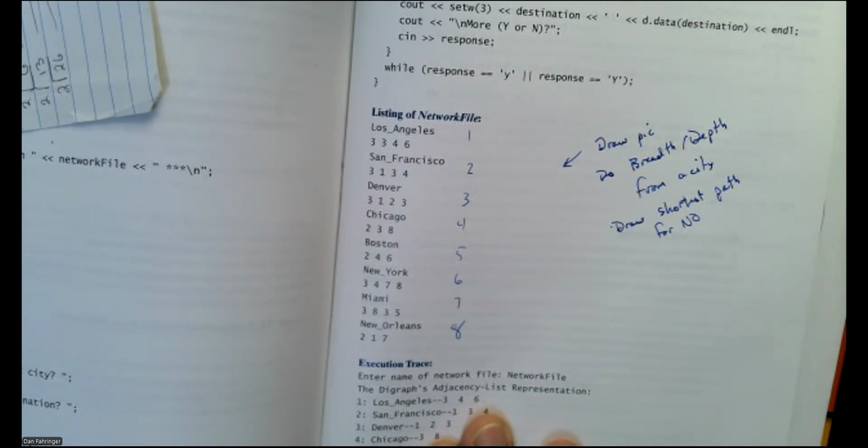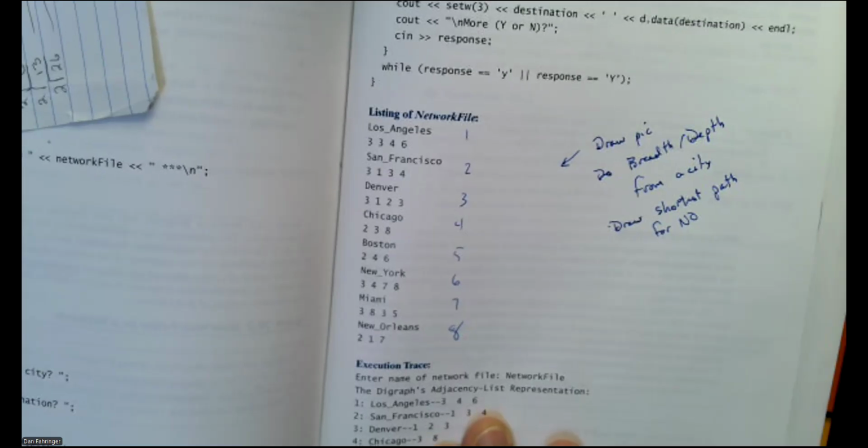Well, I have some stuff written in blue. Stuff written in blue includes LA 3346. What do you think LA 3346 means? Is it the degree of the city, basically how many routes are off of it, and the weight for each route? Nope, not a weight.